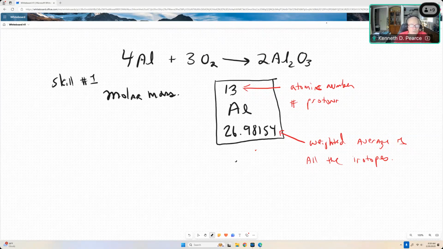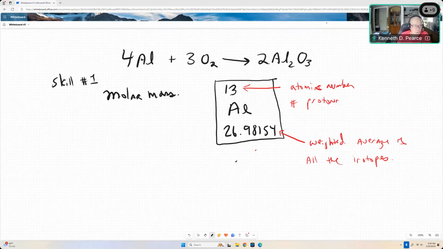Now, counting out all these molecules would be really hard because atoms and molecules are really small. To make any amount that's useful, we'd have to count out bazillions of atoms and bazillions of molecules. That's not very convenient at all.